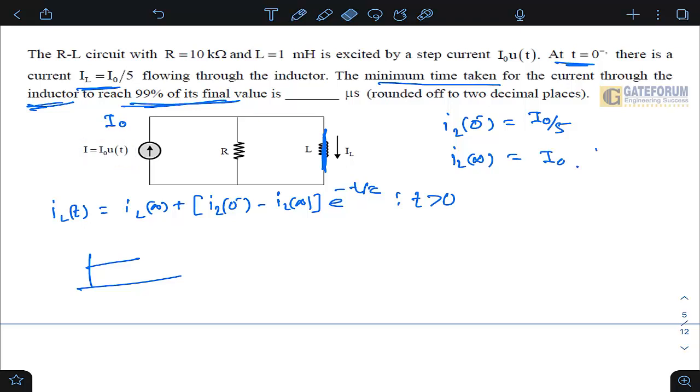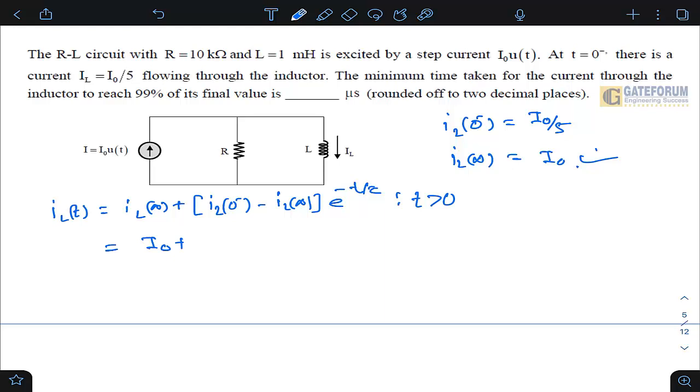Now, taking this into consideration, let's see how the equation looks. My IL of infinity is I0, plus IL of 0 minus is I0 by 5, minus IL of infinity, which is I0, into e raised to power.